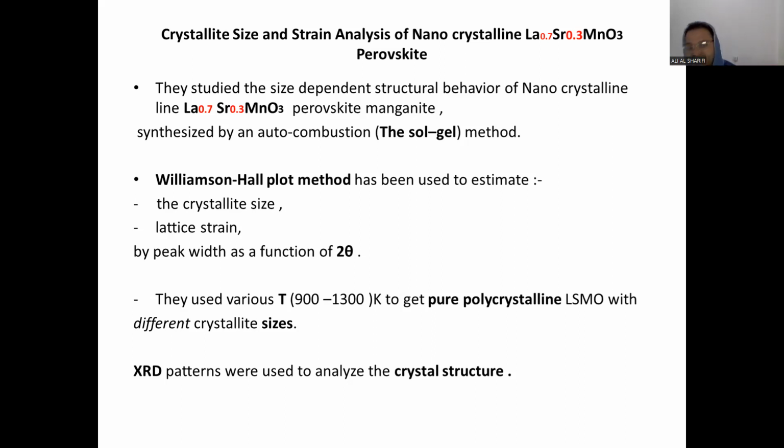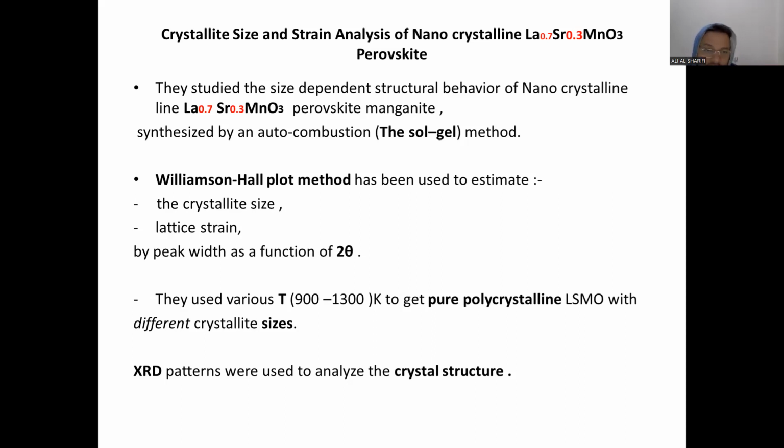It's a huge similarity with my seminar topic, or what I will do in the lab. I will use different high temperatures, the sintering temperature, and different crystalline sizes.